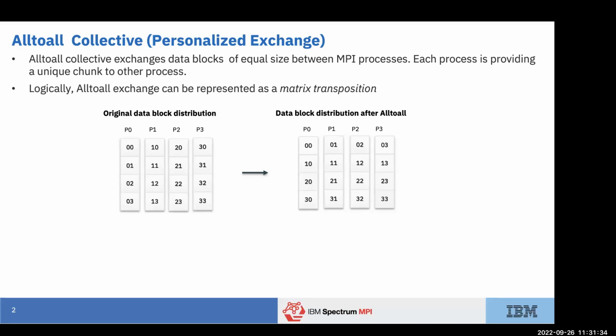The original matrix is shown on the left. As a result of all-to-all communications, we actually perform a transposition of that matrix, and that's the operation that we are interested in.